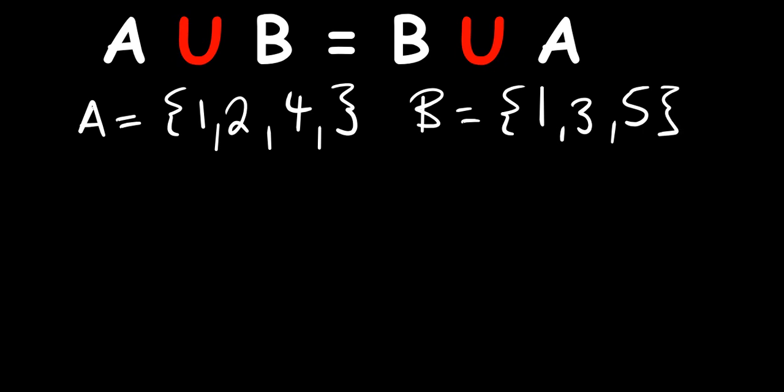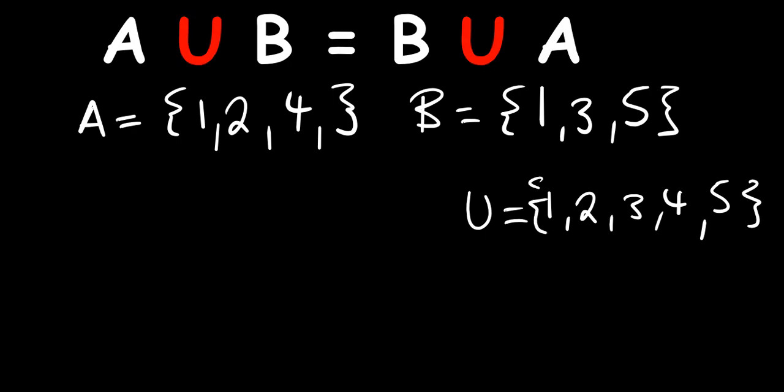And let's say the universal set is {1, 2, 3, 4, 5}.